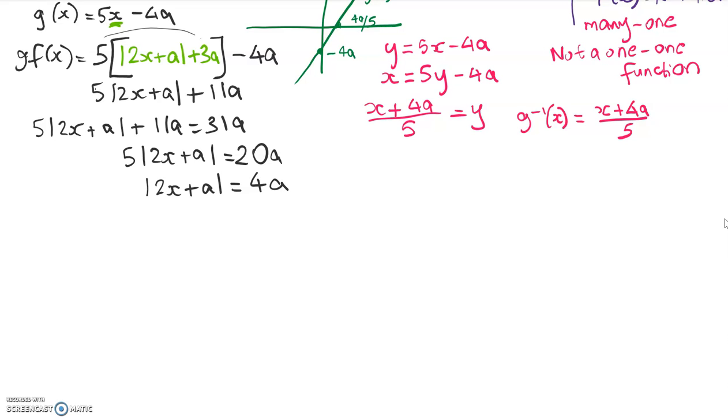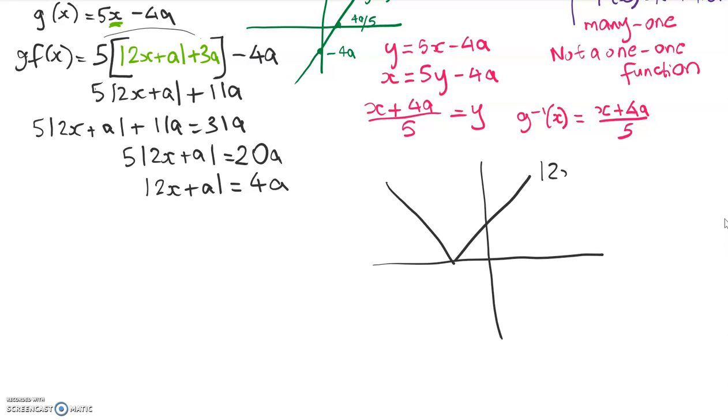Now, when you're solving mod equations, it is good to see what the graph of each looks like and to see how many points of intersection there are. So if I drew mod 2x plus a, it would look like this. It would cut through a there and minus a over 2 there.